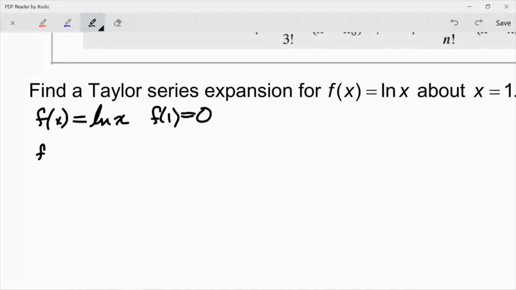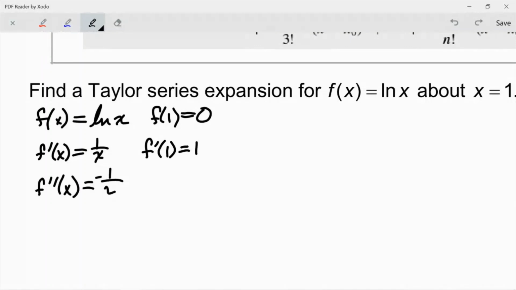If I take my derivative, I'm going to get 1 over x, evaluate that derivative at 1, and I'm going to get 1. Take my derivative again. Second derivative would be -1 over x squared. And that derivative at 1 would give me -1. Okay, then we'll go to the third derivative.